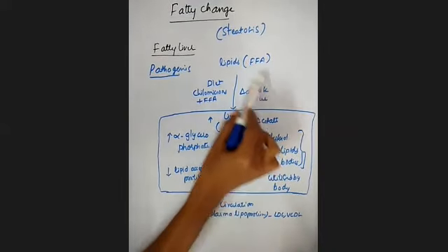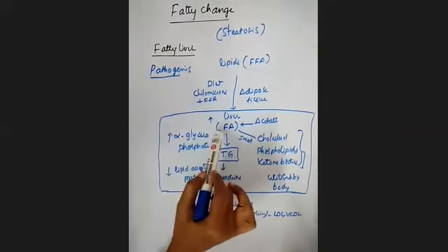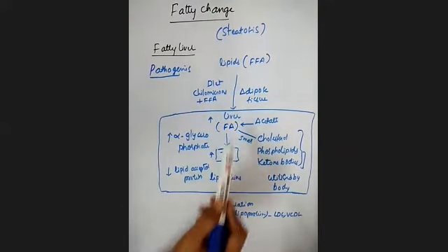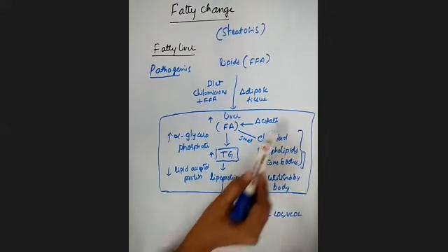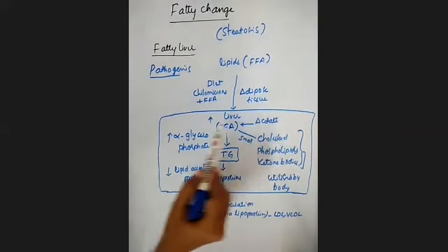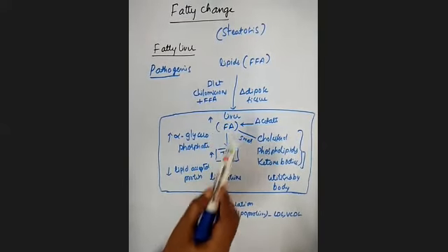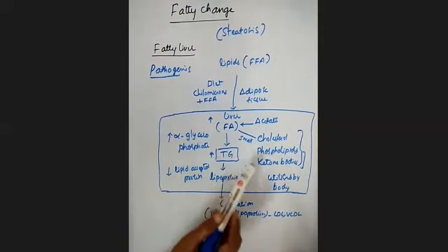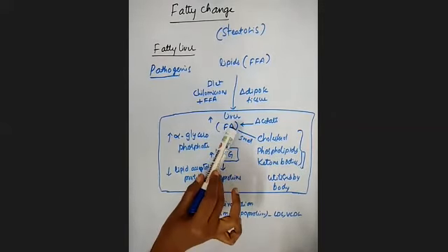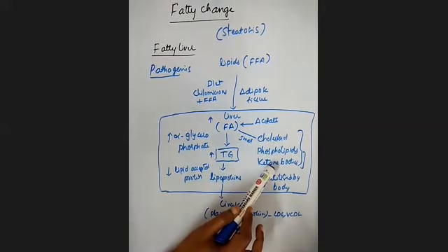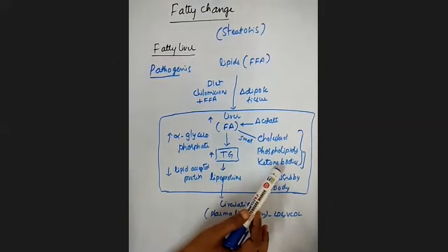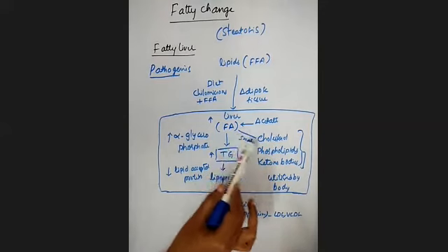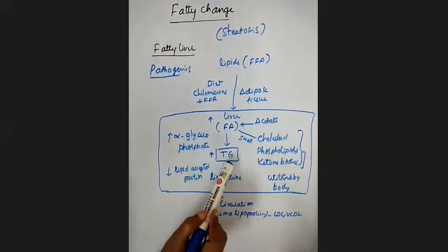First one I told you, because the entry of fatty acids is increased, triglyceride levels will be increased. Because of acetate, if it increases the synthesis, the triglyceride synthesis will also be increased. And next one is decreased conversion, that means fatty acids are not converted to ketone bodies, so this small amount of fatty acids also has a chance of conversion into triglycerides.